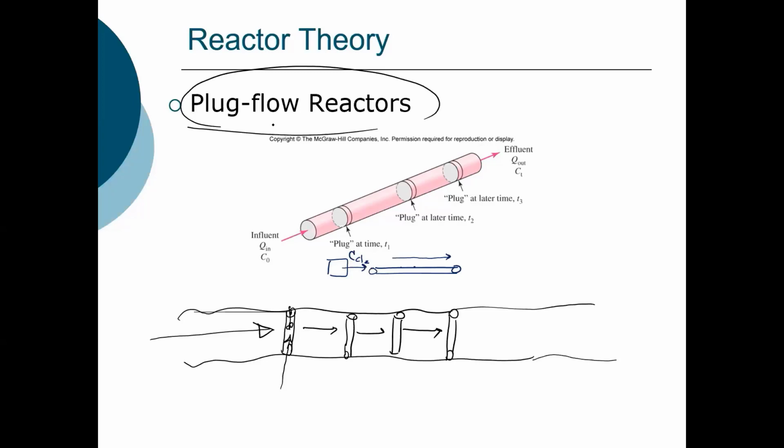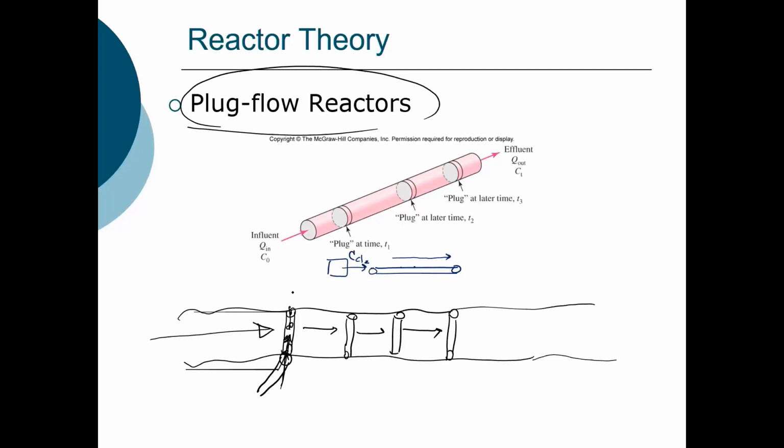Now, it's somewhat mixed. Some of you did answer completely mixed reactors. So in the situation here, let's say I'm going to describe this as an outfall. We've got a wastewater treatment plant, and we've got flow into the river.